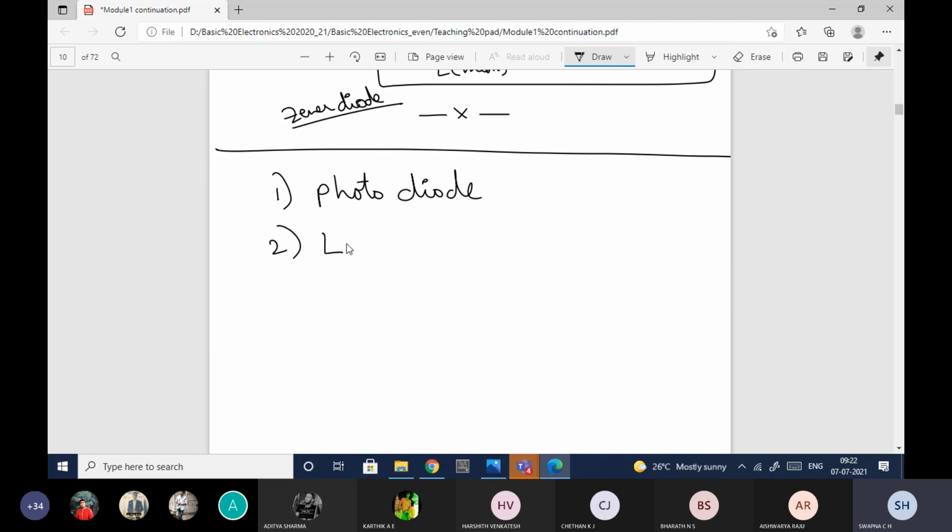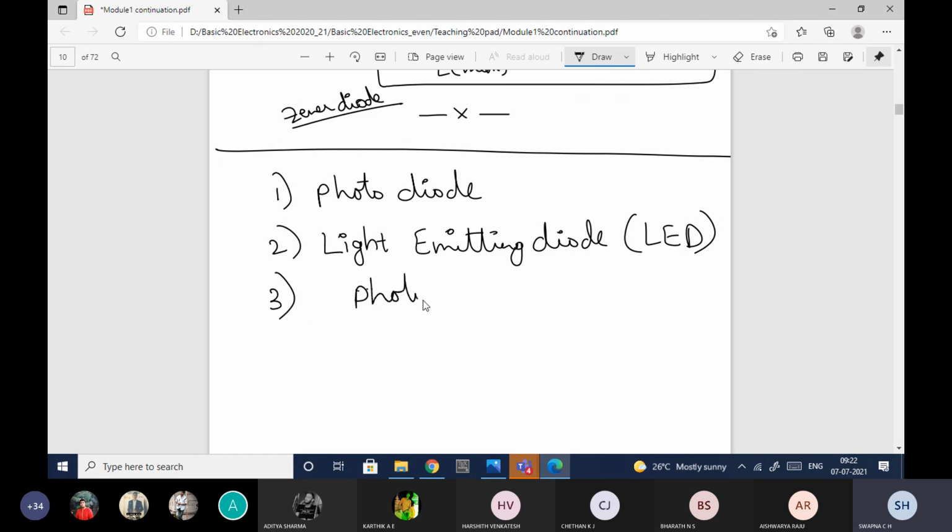Second one is light emitting diode, which is nothing but your LED. We call it very frequently as LED TV, LED bulb, like that. So next one is photocoupler.